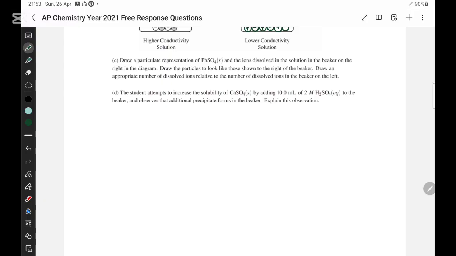Explain this observation. So what happens: this is calcium sulfate, and it is forming calcium 2+ ions and sulfate ions. When you are adding sulfuric acid, H2SO4, when it is dissolved in water it is going to form 2 hydrogen ions, aqueous, plus sulfate ions, aqueous.